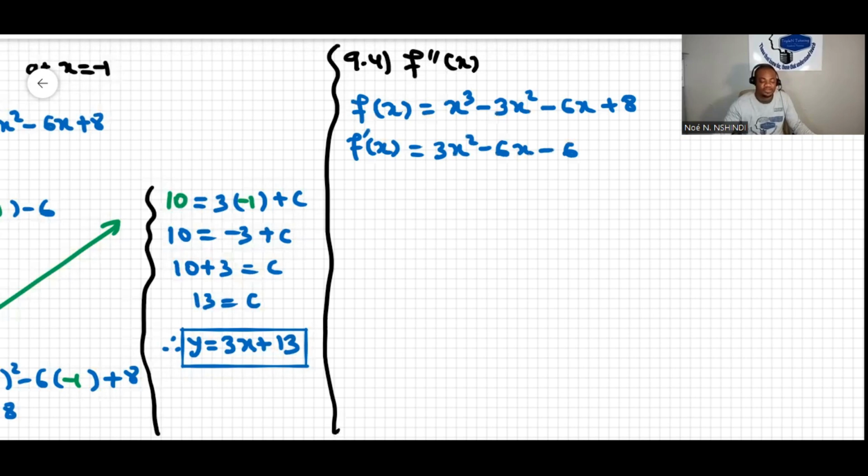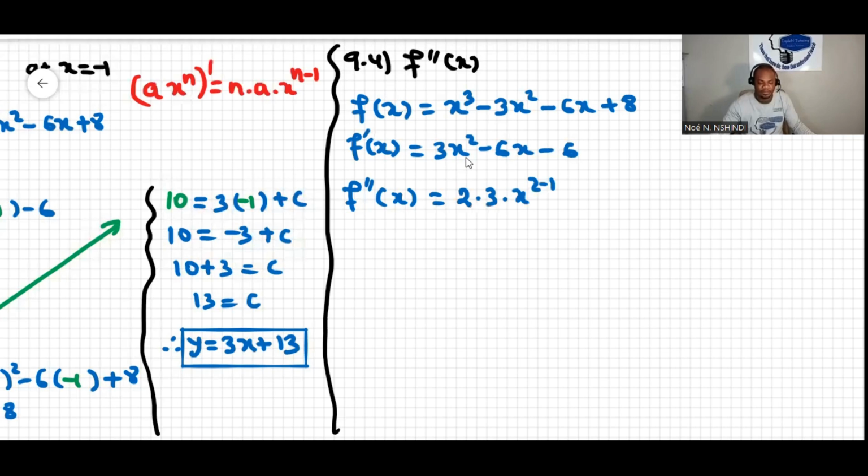Now to find the second derivative, we differentiate the first derivative one more time, still using this formula: the derivative of ax^n is n times a times x to the power of n minus 1. My a here is 3, my n is 2, so this will be 2 times 3 times x to the power of 2 minus 1.